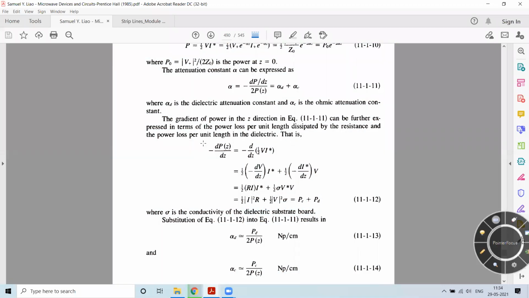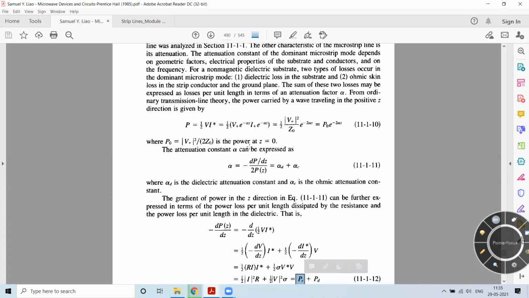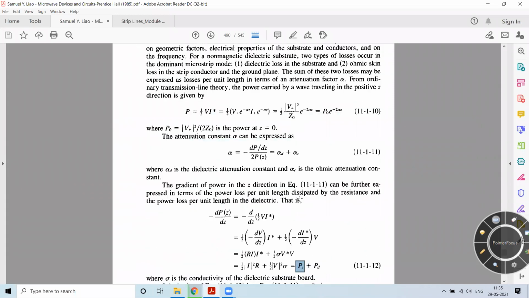So whenever you take the differentiation, do the substitutions and simplify these equations, you will end up with this equation in which you have one component associated with the resistance and the other component associated with the conductivity of the dielectric substrate. This parameter is associated with the power due to the conducting element, that is the ohmic element, this conductor.